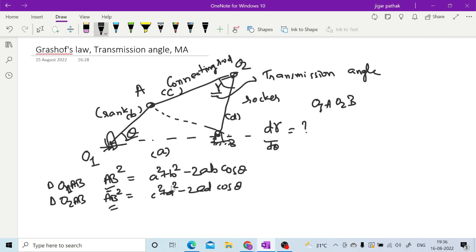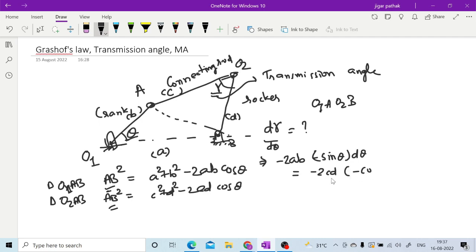So A square plus B square or C square plus D square will anyway be 0 when differentiated, because these are constant. So what you are going to differentiate is minus 2AB minus sine theta d theta, equal to minus 2CD.